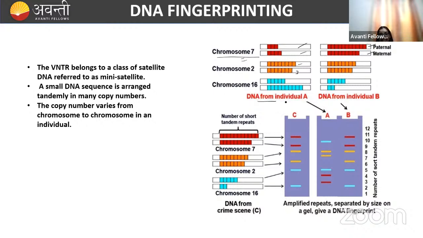So this is the DNA from the chromosome of individual A. This is the DNA from individual B. And this DNA is obtained from the crime scene. This is the DNA of the suspect, which is obtained from the crime scene.